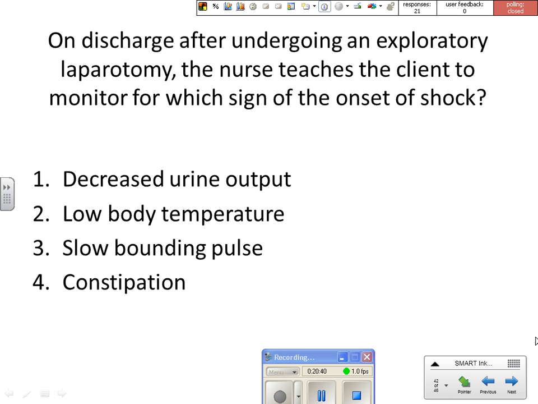On discharge after undergoing an exploratory laparotomy, the nurse teaches the client to monitor for which sign of the onset of shock: decreased urine output, low body temperature, slow bounding pulse, constipation.